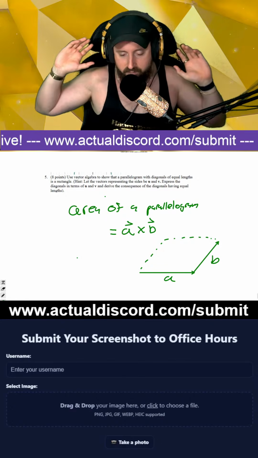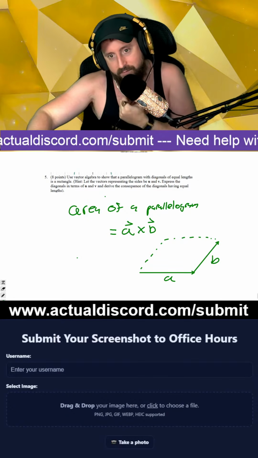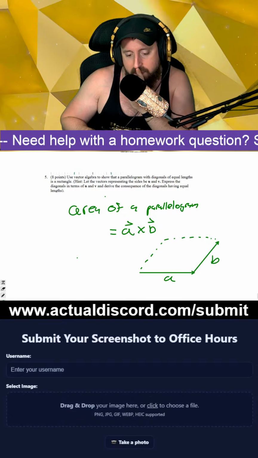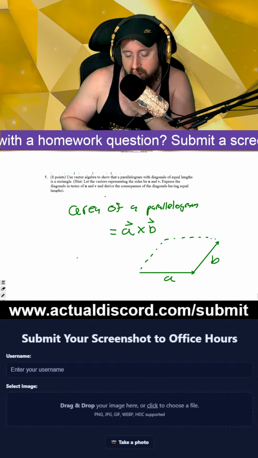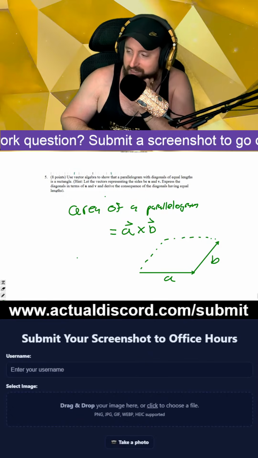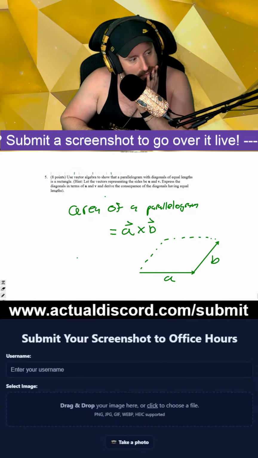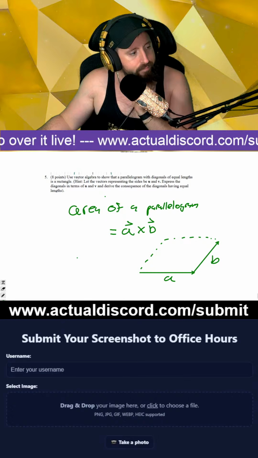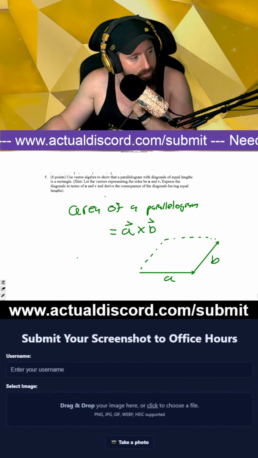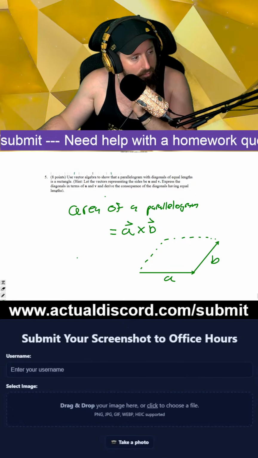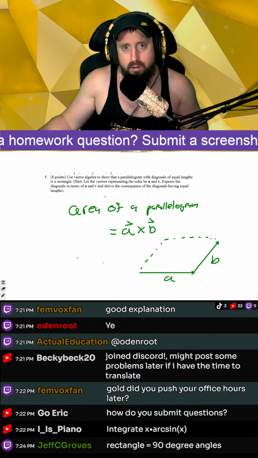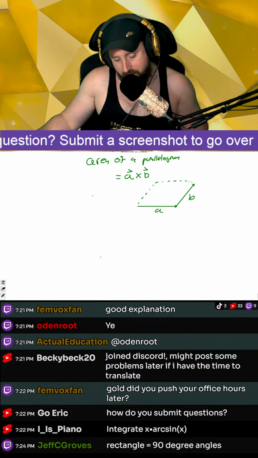Derive the consequence of the diagonals have... With diagonals of equal length. Isn't that the definition of a rectangle, that the diagonals have equal length? So, yeah, rectangle. Let's think about this, right?